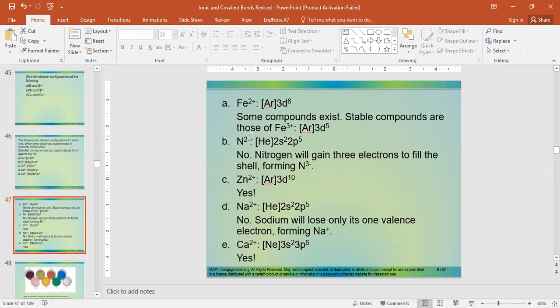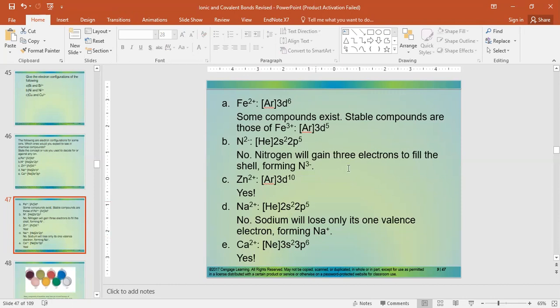When you look at nitrogen 2-, we are not going to have any compound because nitrogen will gain 3 electrons to form some chemistry of 3-. Zinc 2+ is okay because it is a d10. d10 is stable. Sodium 2+ is not going to exist because it has only one valence electron and it can only form sodium 1+.